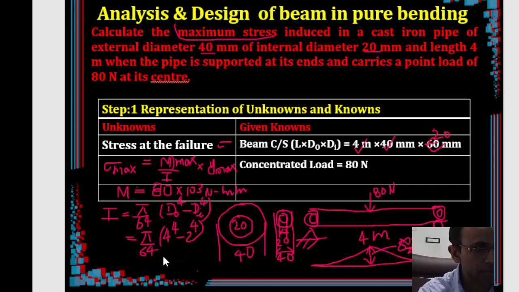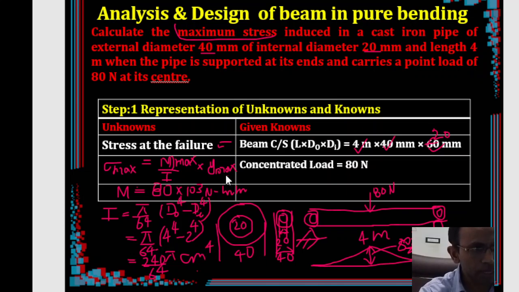Later on you can convert into mm to the power 4, because that's what we want. So if you simplify, 4 to the power 4 is 256, and 2 to the power 4 is 16, so 240. So 240 pi by 64, cm to the power 4. So you got I also ready with you.